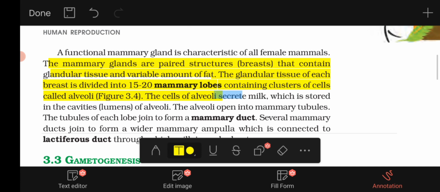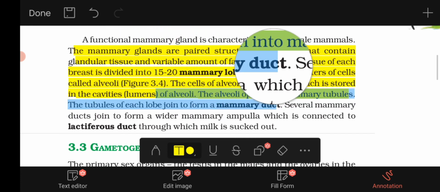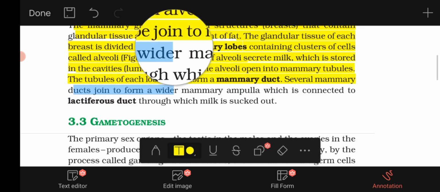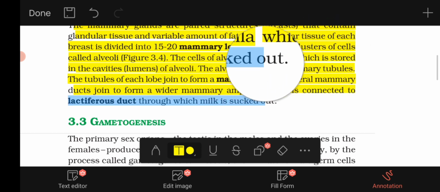The cells of the alveoli secrete milk, which is stored in their lumen or cavities, and these alveoli open into mammary tubules. The tubules of each alveoli join to form a mammary duct. Several mammary ducts join to form the mammary ampulla or lactiferous ampulla, which is then connected to the lactiferous duct through which the milk is sucked out.